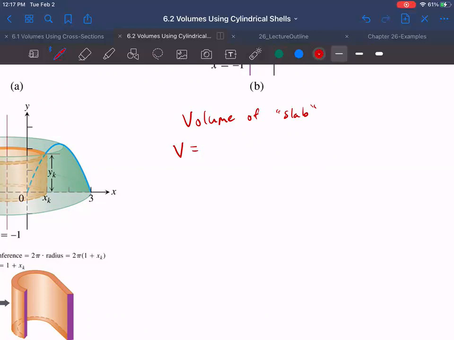How do I find that volume? Okay, there we go. So the base times the width gives us the area, and then times the height. So we want the length of it times the height of it times the width of it, right? How thick it is. The length of it is going to be the circumference.